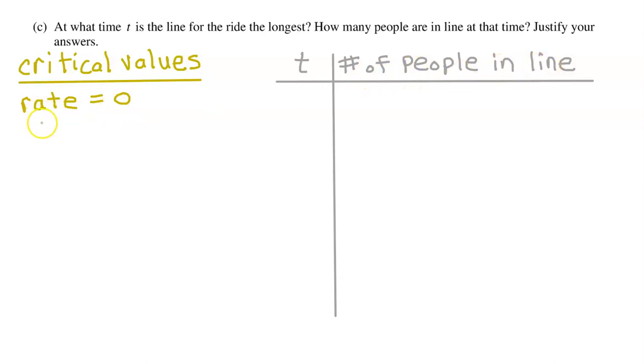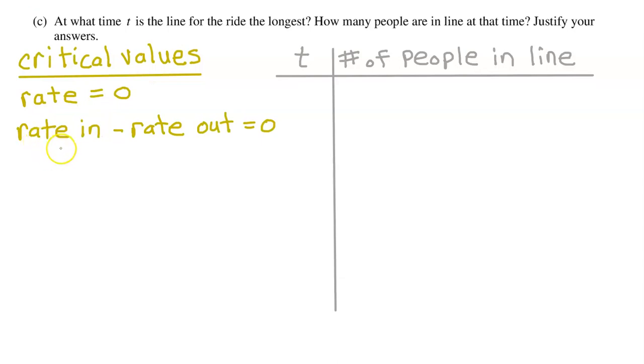For a rate in, rate out problem, the overall rate is the rate in minus the rate out. So we set the rate in minus the rate out equal to 0. But we know that people enter the line at a rate given by the function r of t, and people leave the line at a constant rate of 800 people per hour.